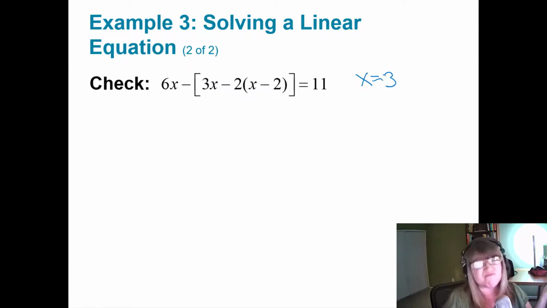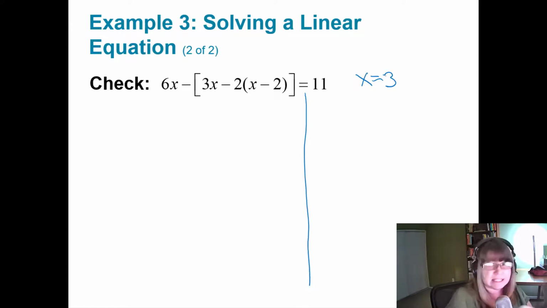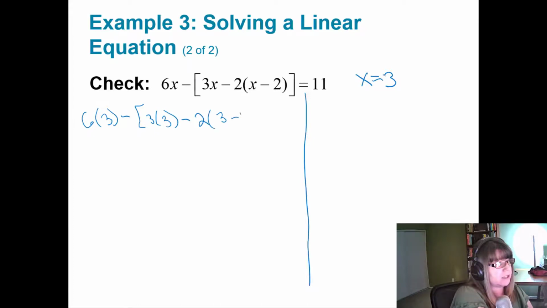Good news is nothing to do on the right-hand side, so I want to see if the left-hand side indeed equals 11. 6 times 3 minus 2 times 3 minus 2. Does that indeed equal 11? 3 minus 2 is 1.